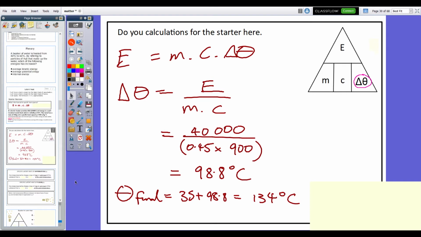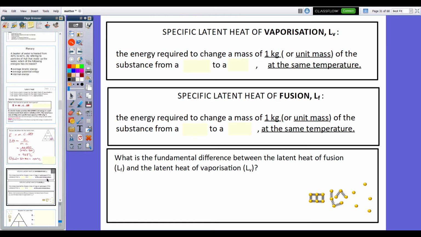So let's talk a little bit about what we mean by latent heat. Well, when we add energy to a substance, we can heat it up. But sometimes we're not heating it up, we're changing its state. A very common change of state is changing liquids into gases. So how do liquids get changed into gases?